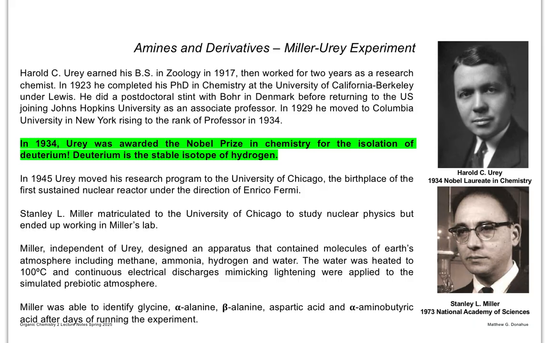And so Miller joined his lab at the University of Chicago and wanted to design an experiment that could test this hypothesis of abiogenesis. So what he did was design an apparatus, which we'll show on the next slide, and pumped in some common feedstock chemicals in an experiment to mimic prebiotic Earth.